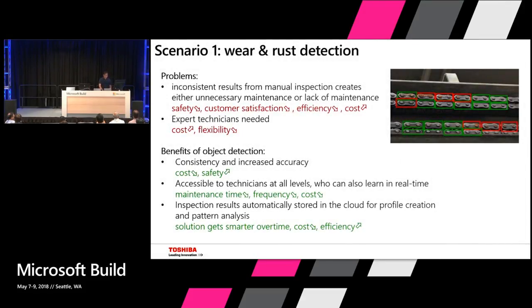Thank you very much. In this video, you saw how computer vision and object detection are used to automatically and accurately identify wear and tear on equipment. It also helps field technicians perform appropriate maintenance regardless of their qualification levels.